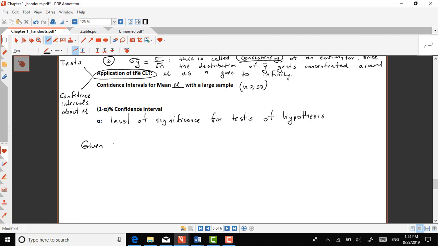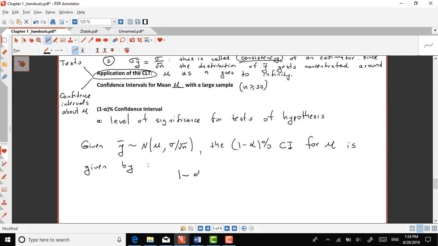So given that the sample mean follows a normal distribution with mean mu and standard deviation sigma over square root of n, then the 1 minus alpha 100% confidence interval for mu is given by: y bar minus z alpha over 2 times s divided by the square root of n, y bar plus z alpha over 2 times s divided by the square root of n.